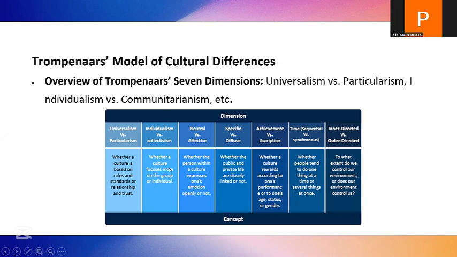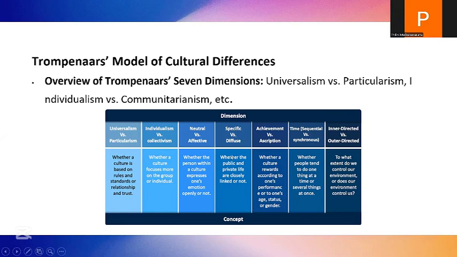Trompenaars again talks about one of Hofstede's concepts, individualism versus collectivism. He repeats it. Then he talks about neutral versus affective, whether the person within the culture expresses emotion openly or not.